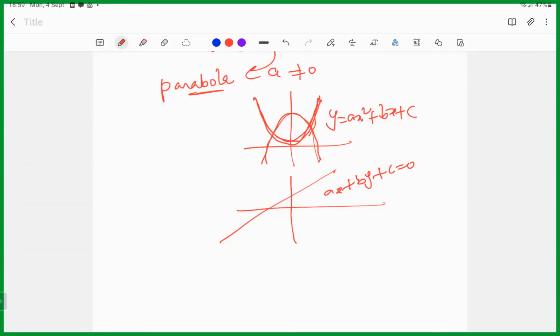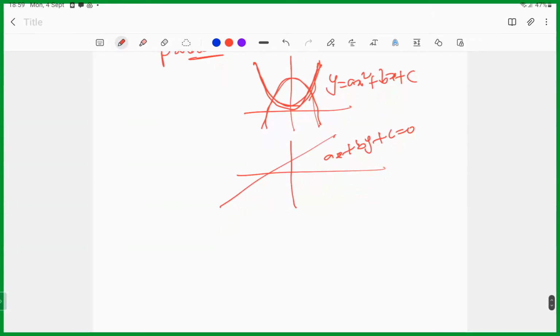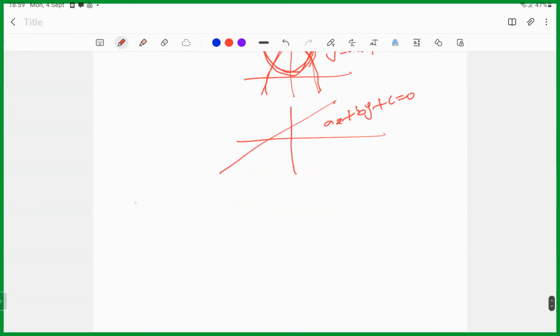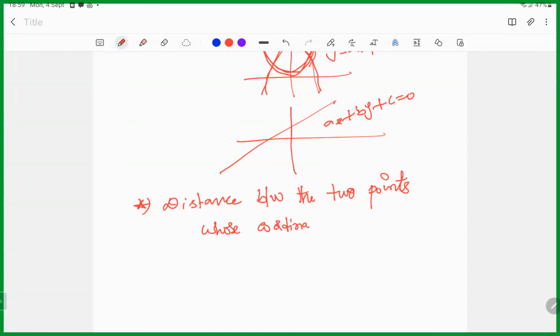So in this chapter, we will learn how to find the distance between the 2 points. What are the things we will learn? Distance. Note it down, hurry. Distance between the 2 points whose coordinates are given.